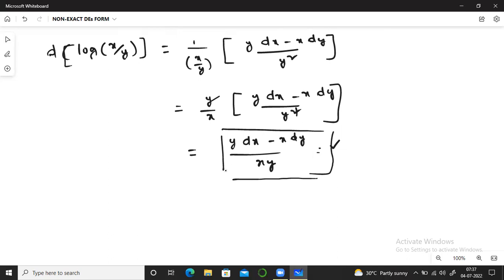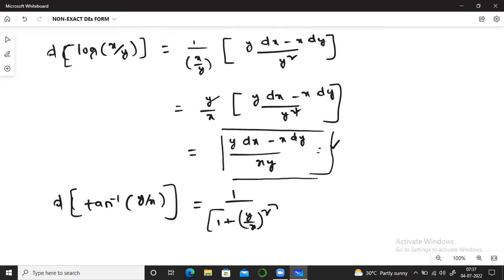In the same manner, you can derive differentiation of tan inverse y by x also. You can derive it if you know the differentiation of tan inverse something: 1 by 1 plus something square. It means 1 by 1 plus (y by x) whole square. The something you treated as y by x.